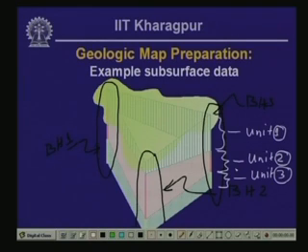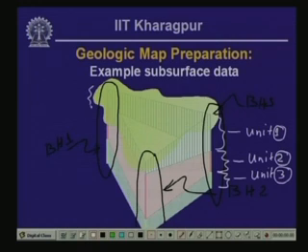This is a simple geologic stratigraphy, just for illustrative purposes, and a real life stratigraphy could be much more complicated than the one that is shown there.